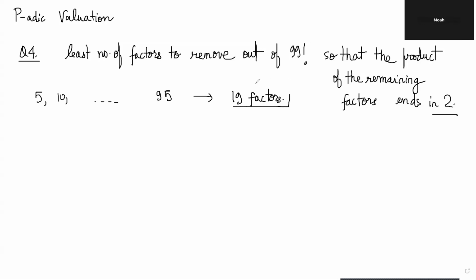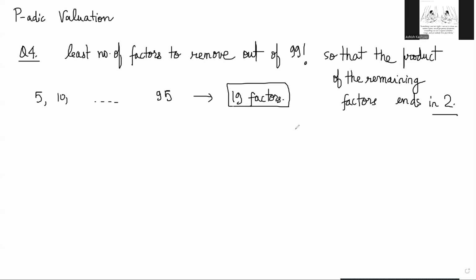But then it's still not guaranteed that it ends in 2. But then you end up with 10 factors that end in each digit besides five and zero.